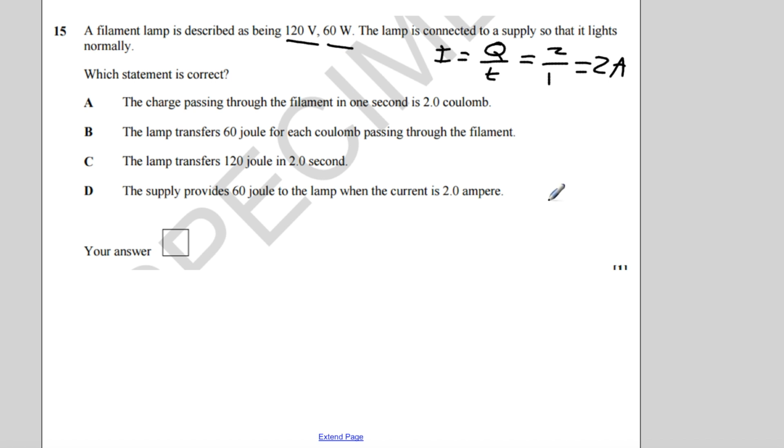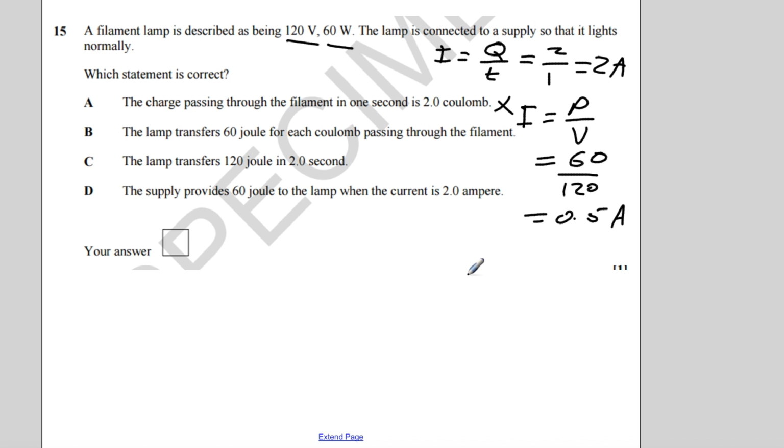We can check that by saying that the current is the power divided by the voltage, so that would be 60 divided by 120, which is 0.5. So our current with this lamp is 0.5, and statement A is saying that the current should be 2. So we know that that one is false. The lamp transfers 60 joules for each coulomb passing through the filament.